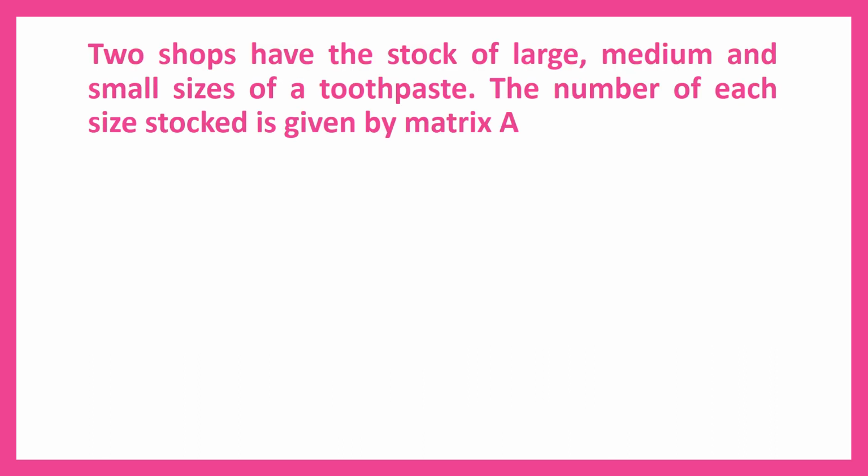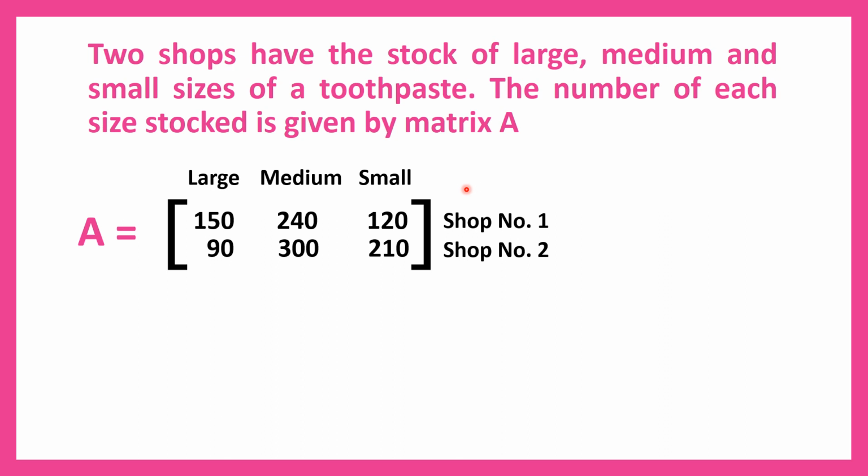And our next question is a word problem. Two shops have the stock of large, medium and small sizes of a toothpaste. The number of each size stocked is given by matrix A. This matrix gives the stock of large, medium and small sizes of toothpaste. The first row is shop 1.